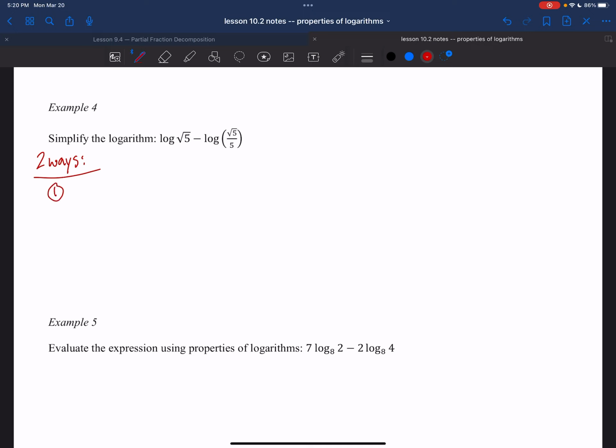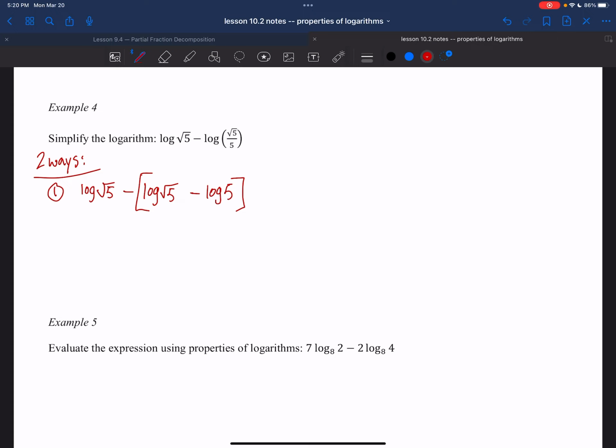So this is log of root 5 minus, and if I use the quotient rule here, I'm going to use a bracket because you are subtracting log of root 5 over 5. I'm going to put a bracket there so that the subtraction sign doesn't get lost. This is log of root 5 minus log of 5. See that? That's the quotient rule in action.